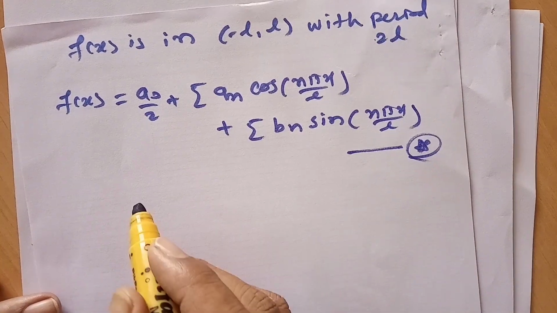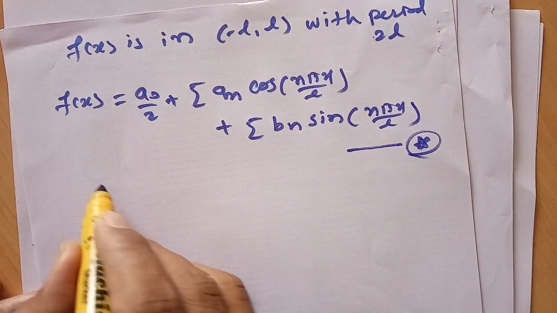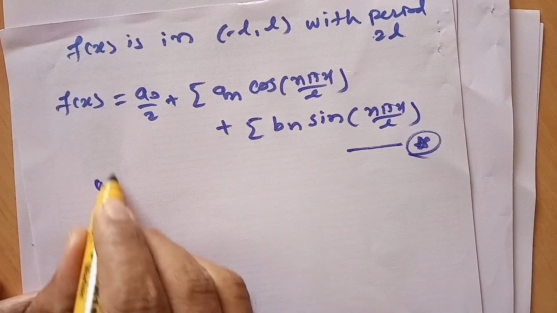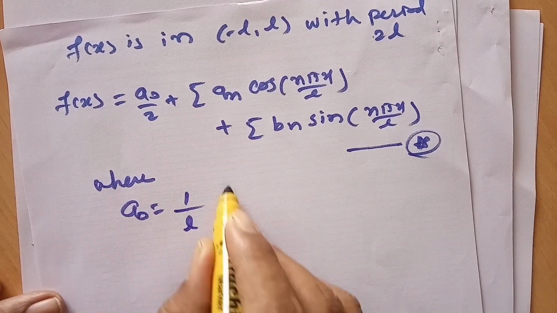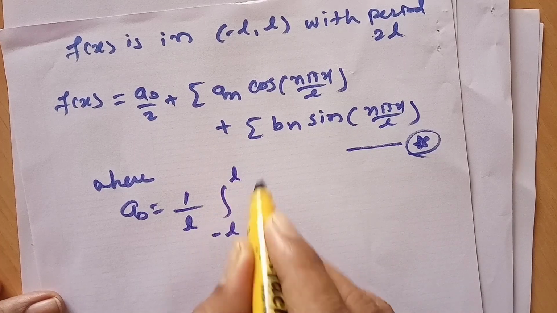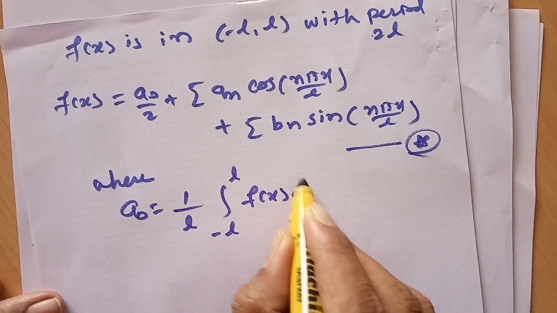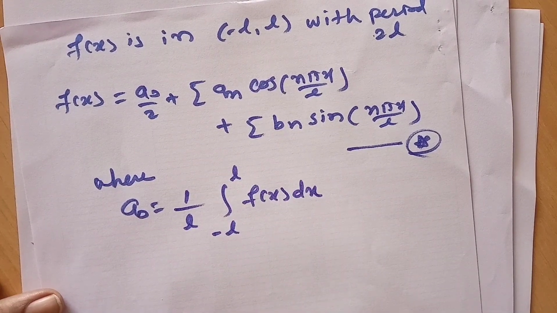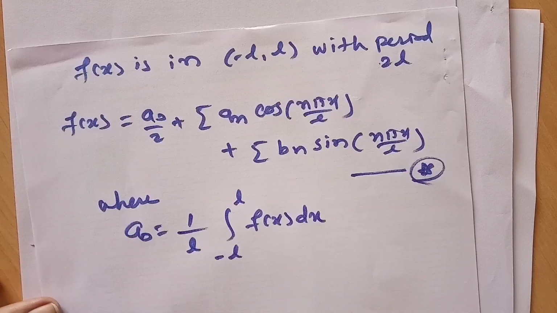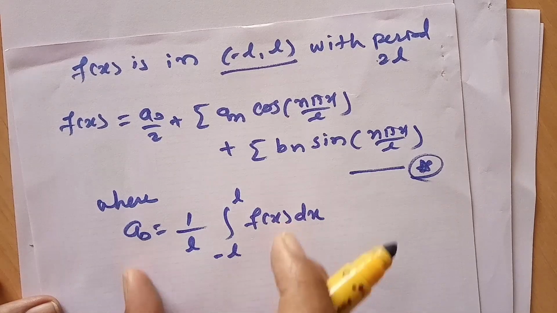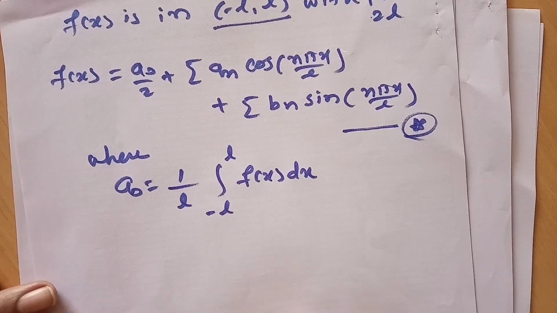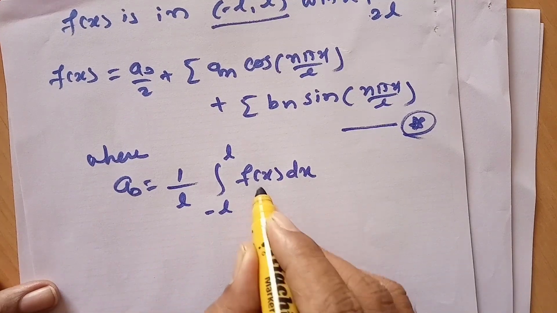Here we will find the Fourier coefficient a0, where a0 is equal to 1 divided by l integration minus l to l f of x into dx. Now this function is defined in this interval minus l to l. Therefore I will talk about this function being either even or odd. Suppose the case here where this function is even.